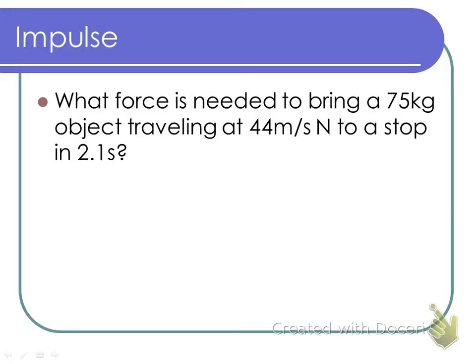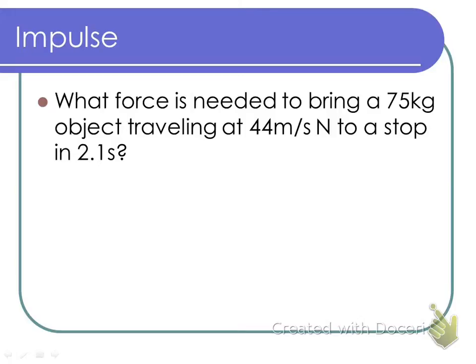Let's go ahead and try this problem for impulse. This is asking us for the force required to bring this object to a stop. Does it mention impulse anywhere in this question? No. Does it mention momentum even at all?